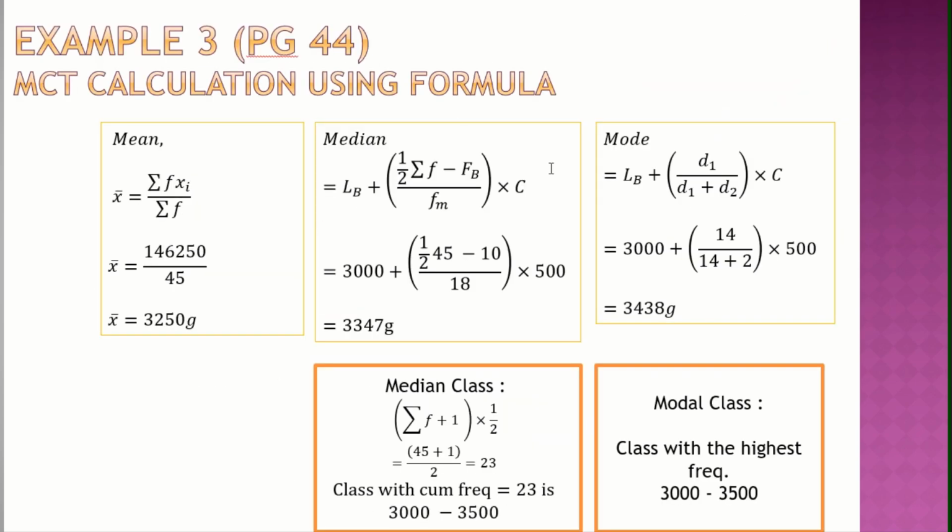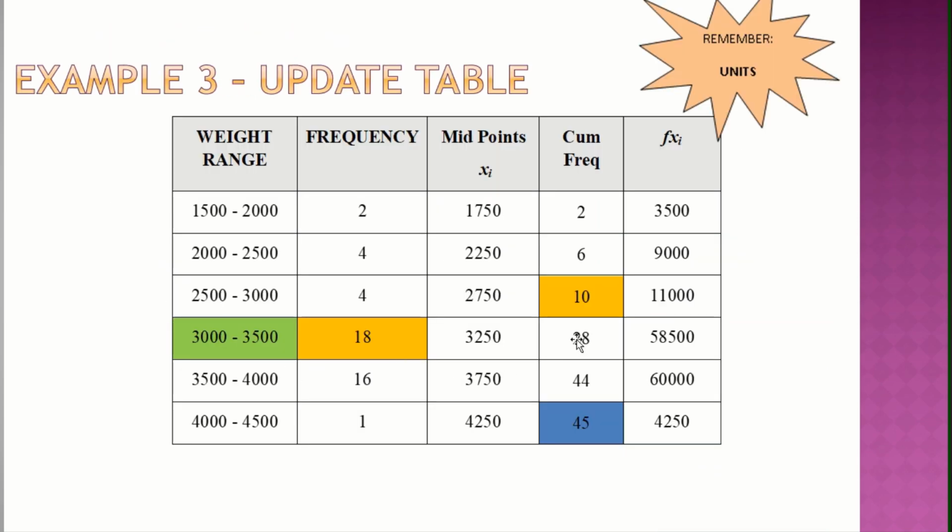So now we're going to apply the formula that I just taught you earlier. Lower boundary, 3000. Half times total frequency, half times 45, minus, what is FB again? FB is uppercase, which means cumulative frequency before the median class. So this is my median class.